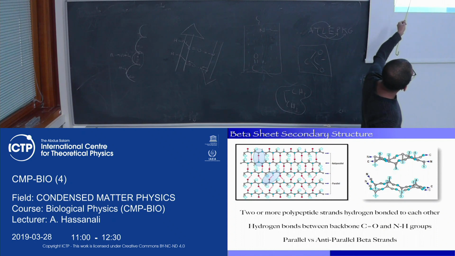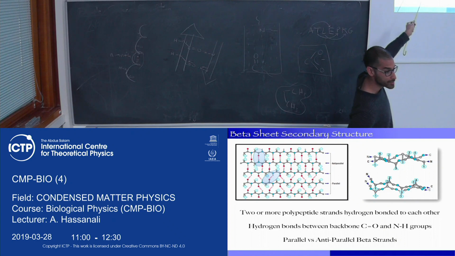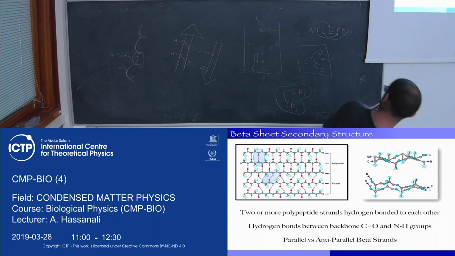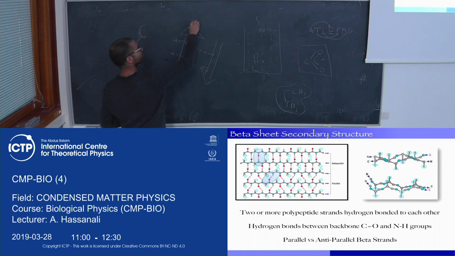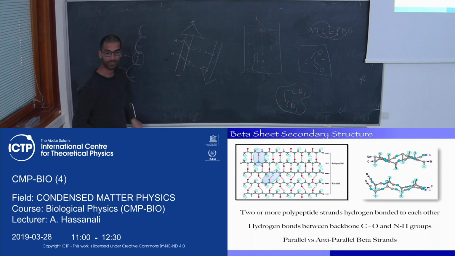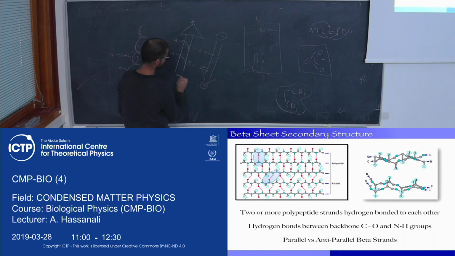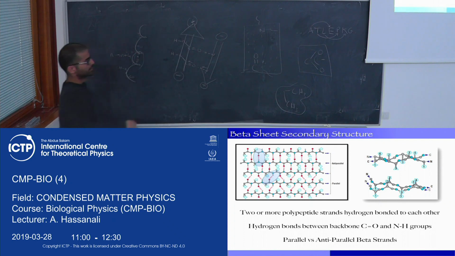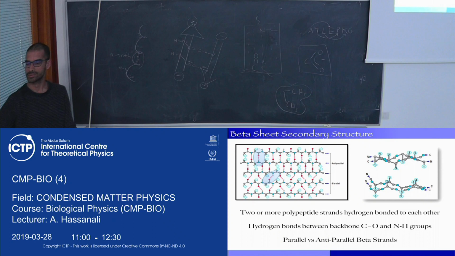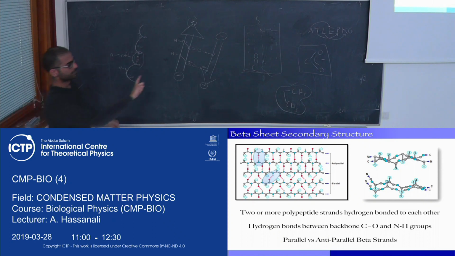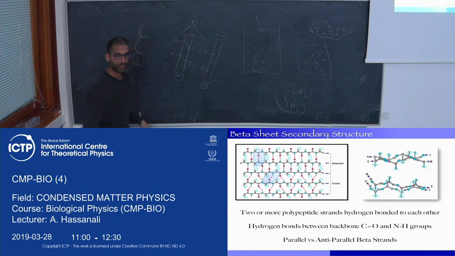They can be classified into parallel and anti-parallel conformations. Parallel and anti-parallel comes from the fact that the ends of any peptide sequence have termini groups, the N terminus and the C terminus. It's negative, positive, negative, positive, so this is like two anti-parallel dipoles. If this is the other way around, then you have parallel dipoles.